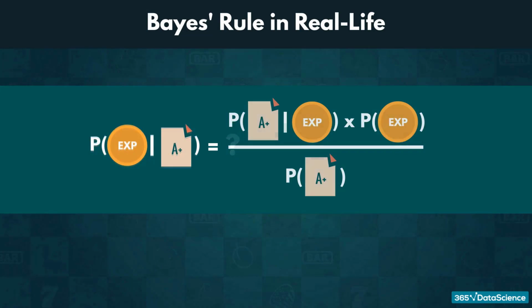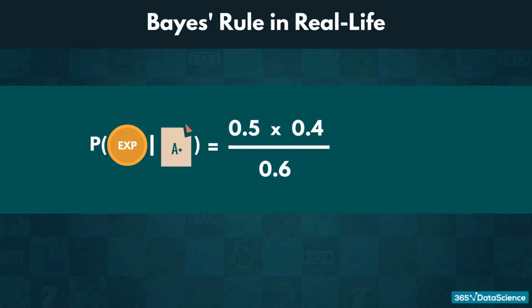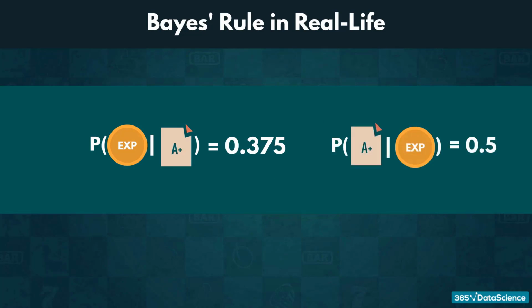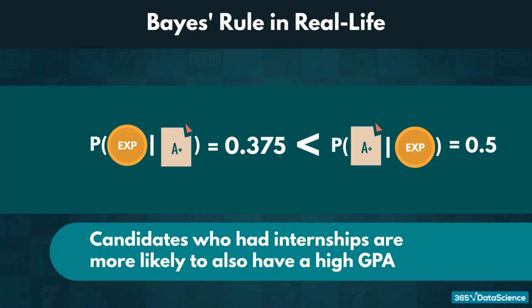If we use Bayes' theorem, we get that the conditional probability of a candidate performing well academically to have relevant experience is 0.5 times 0.45 over 0.6, or approximately 0.375. Since 0.5 is greater than 0.375, then it is more likely for an experienced candidate to excel academically than for a student with high grades to have the required working pedigree. Thus, candidates who had internships are more likely to also have a high GPA.